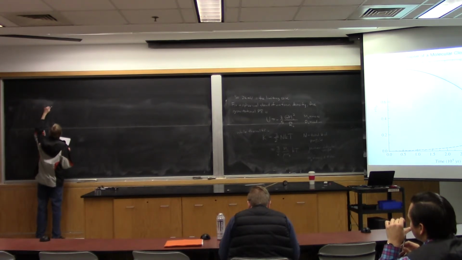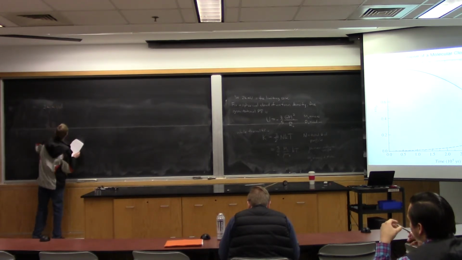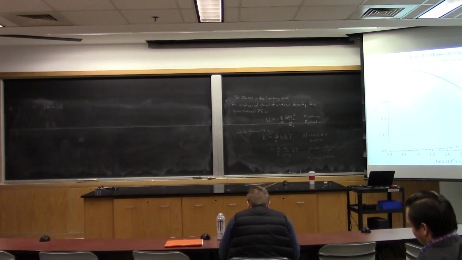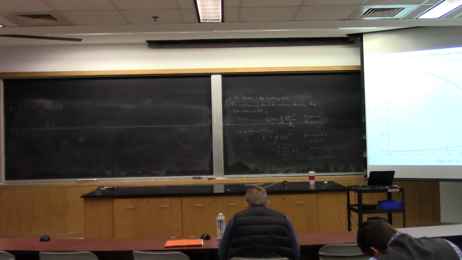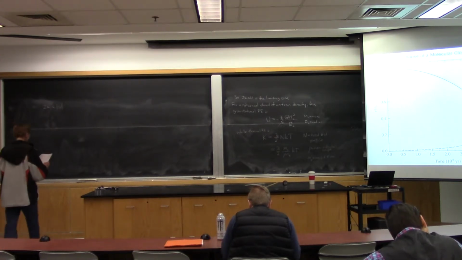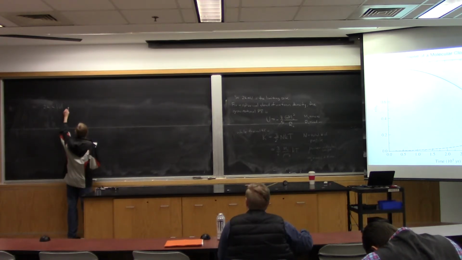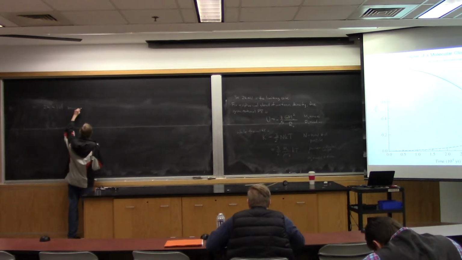So 2K is less than the absolute value of U, because remember, K is positive, U is negative. So we want 2K to be too small, smaller than the absolute value of U, which is positive.